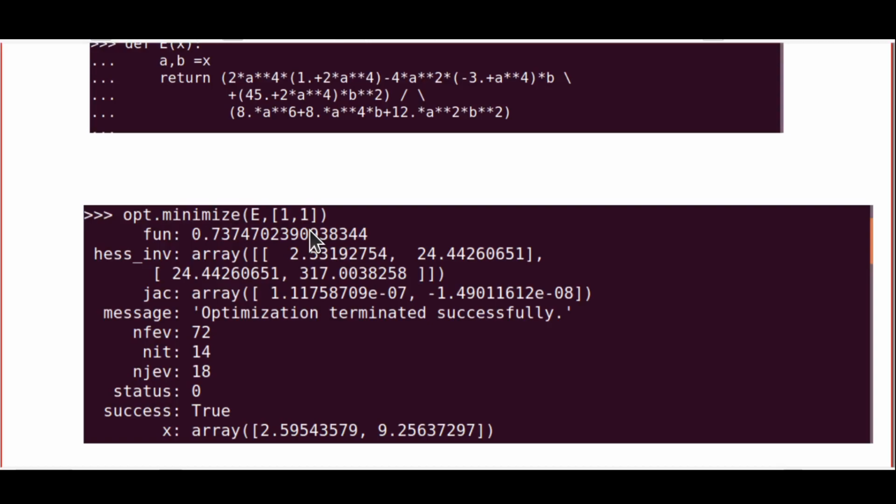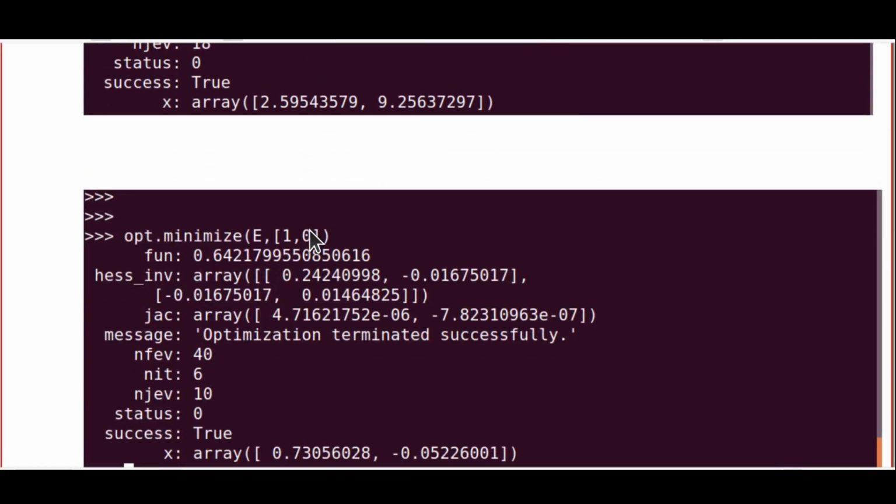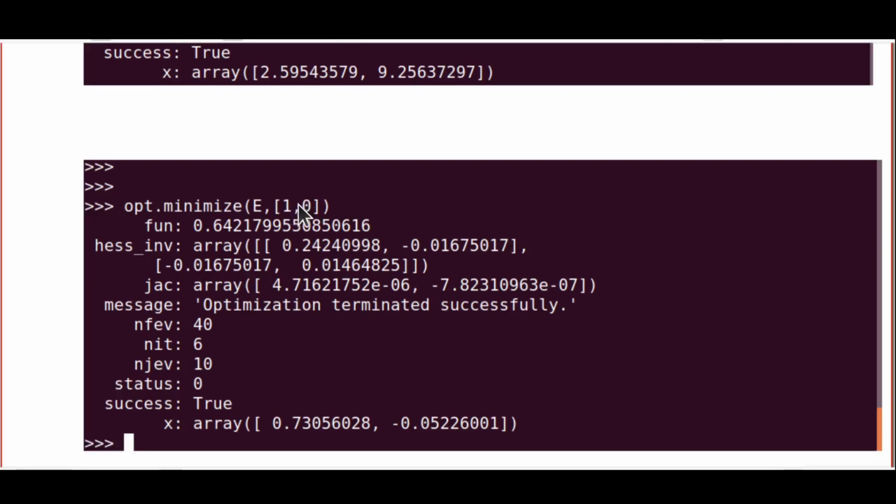Well, just to show that it will work in this case, let's start with alpha equal to 1 and beta equal to 0, which is exactly the situation that we did the previous calculation from. And if you do that, you do get to a minimum value. In fact, this value is the global minimum. You get 0.642, which is an improvement over 0.7.